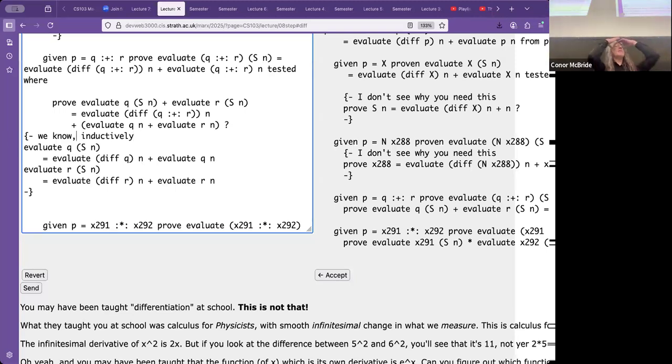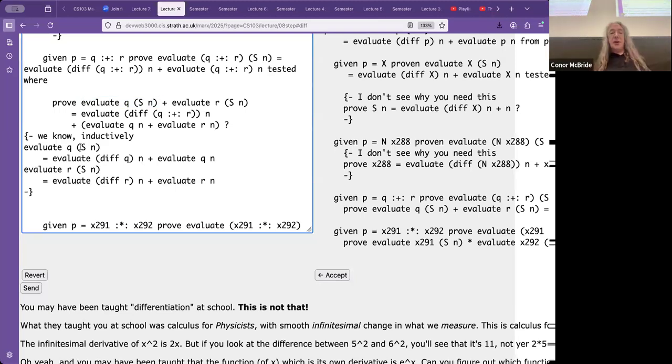is to ask ourselves, do we see anything we like? Do either the left-hand side or the right-hand side of these equations show up anywhere in our goal? Do you see an evaluate Q successor of N? Yes, you do.